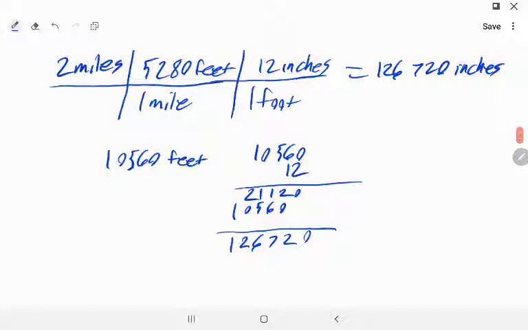So you notice measuring the number of inches in a mile using a little 1-inch measuring stick would not be a very time-friendly task. That's why it's nice to do it as multiplication.